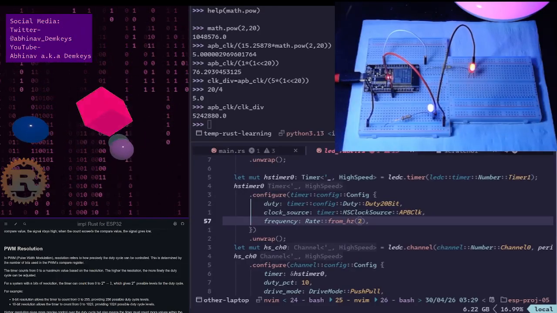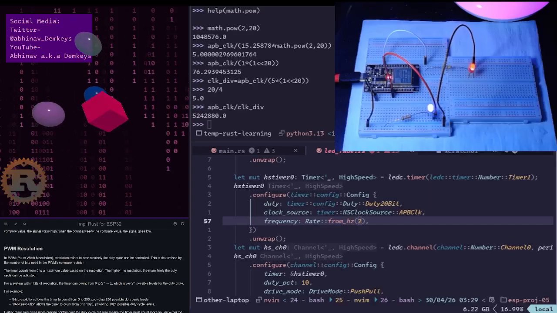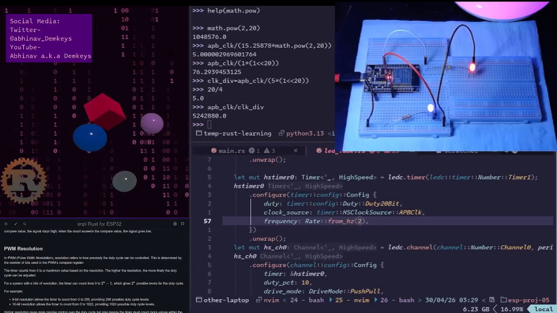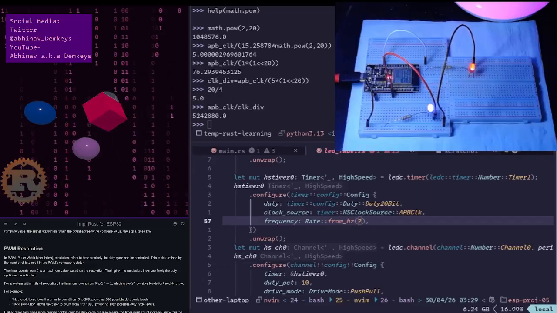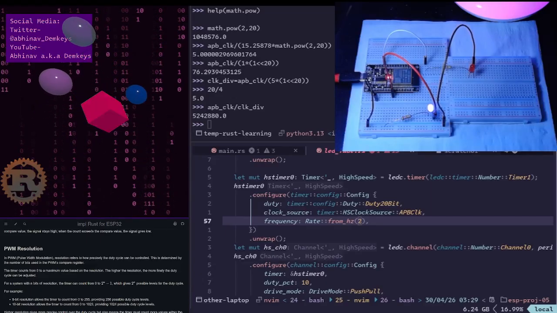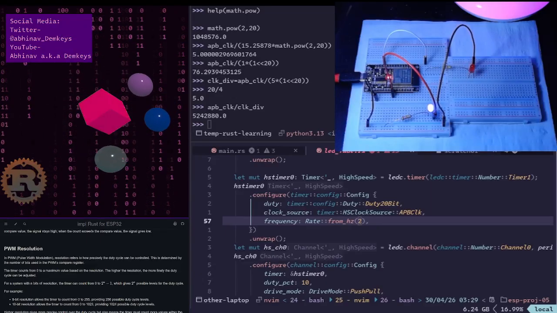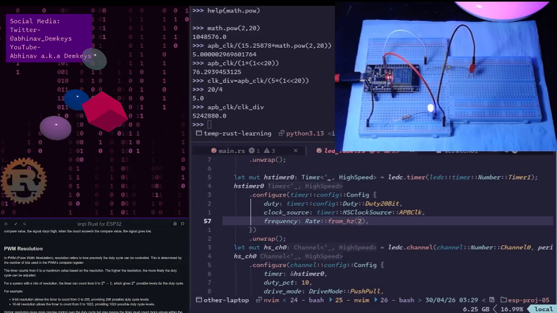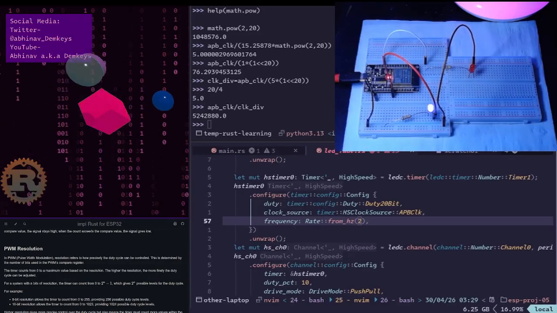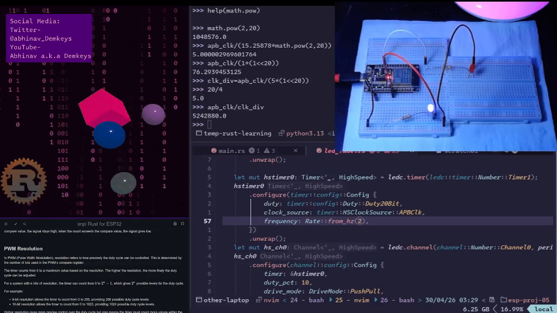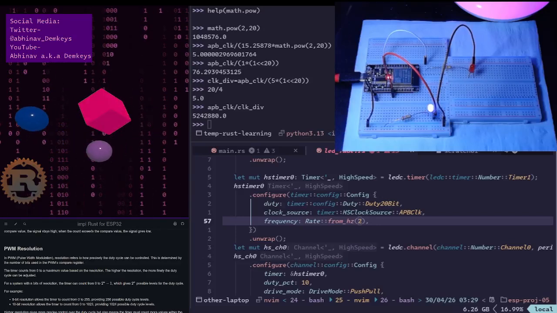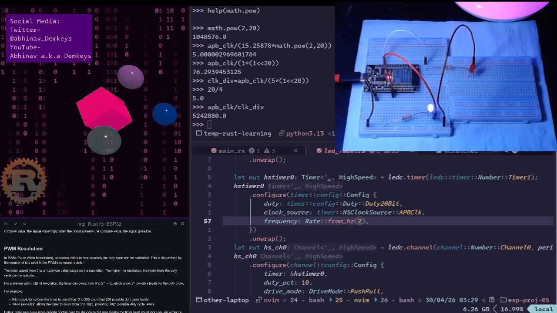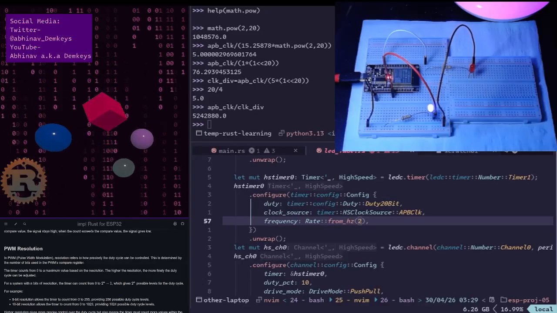You have the clock signal, which in our case right now at least is 80 megahertz because I haven't figured out how to select the RTC fast clock instead of just the APB clock. The APB clock is at 80 megahertz, so that's 80 million ticks per second. The RTC fast clock would be, I think, 8 megahertz. I don't remember, but it's much slower than the APB clock.